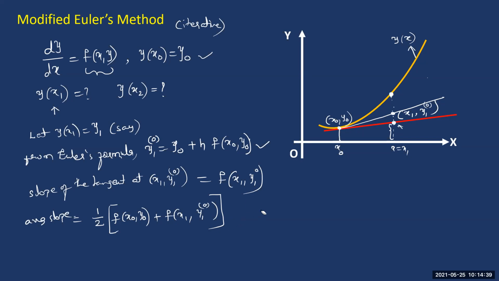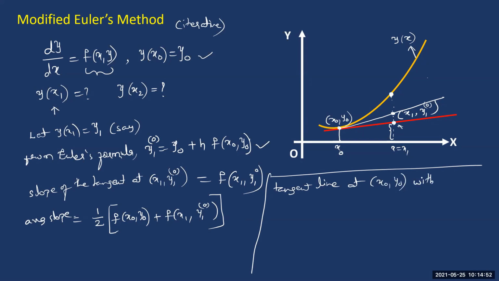Now let us write the tangent line at the point x0, y0 with the average slope. We have drawn the average slope of these two, you see.